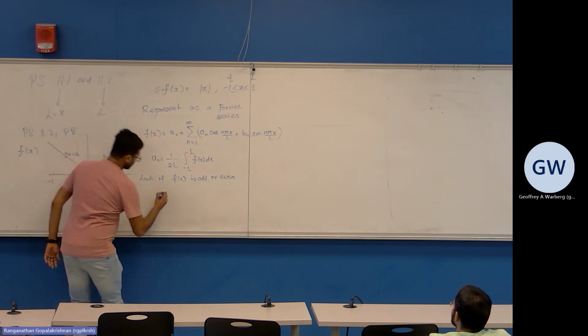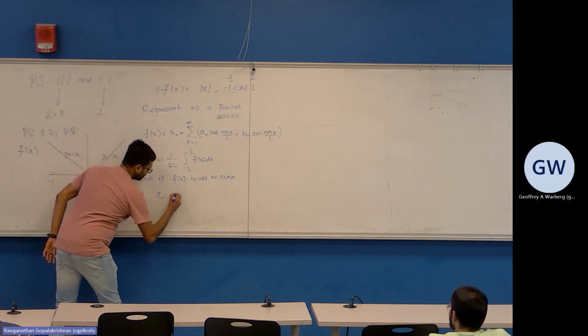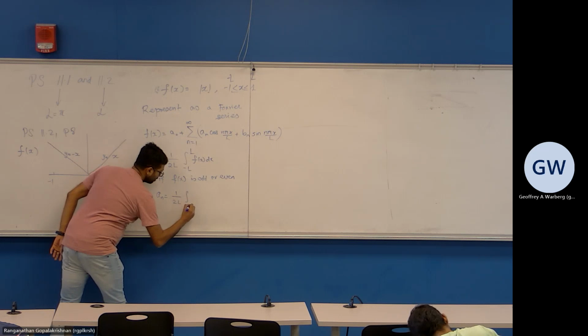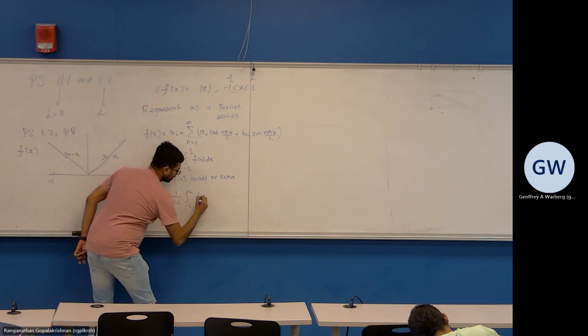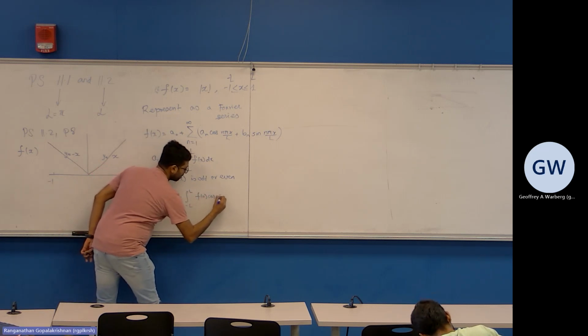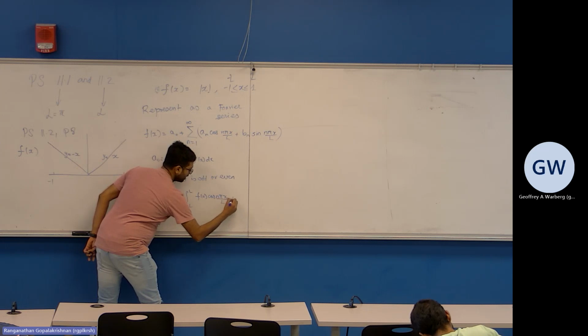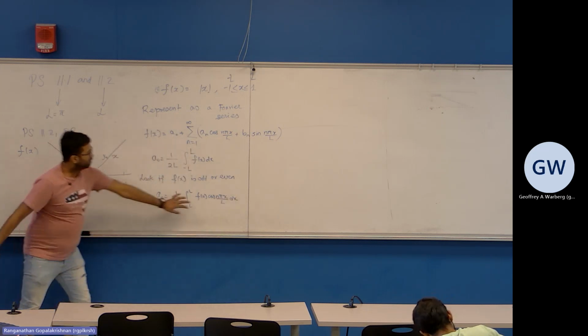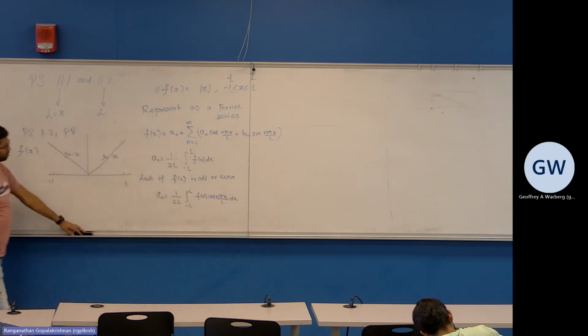So if you also think about the other two coefficients, an is 1 over 2L integral from -L to L of f of x cos n pi x over L dx. This is an even function, this is an even function, that's good.